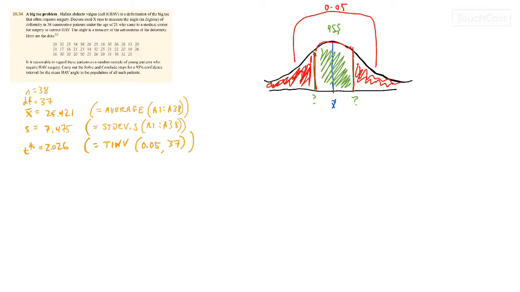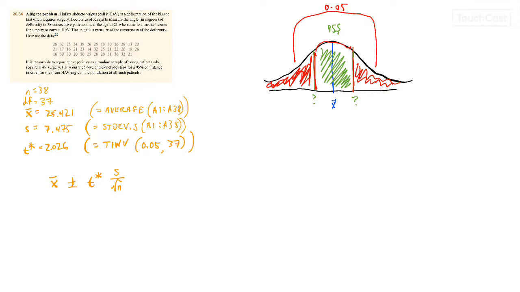So now I can do everything. I can plug everything into my confidence interval formula. So x bar plus or minus t star times standard deviation over the square root of the sample size.